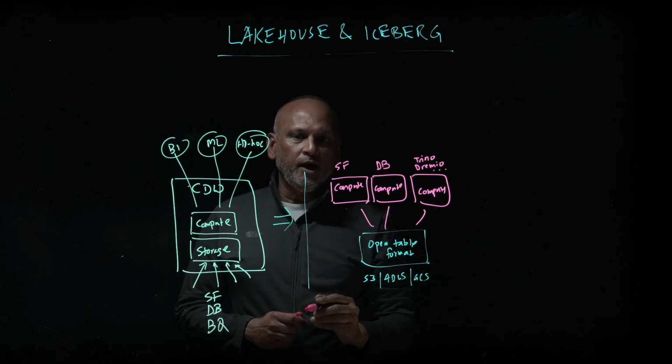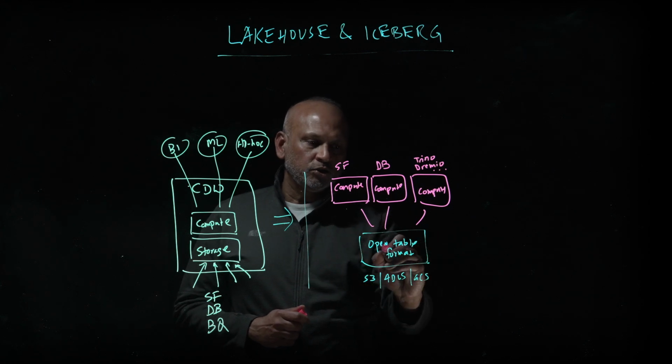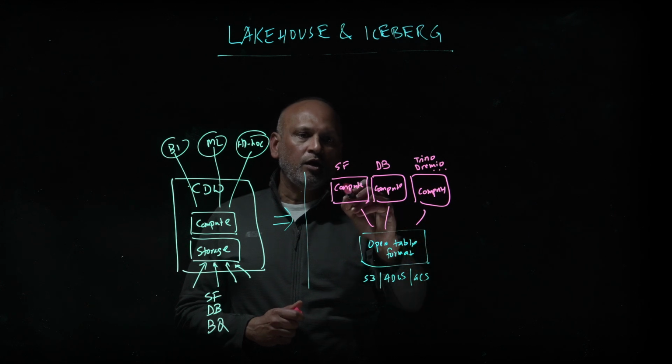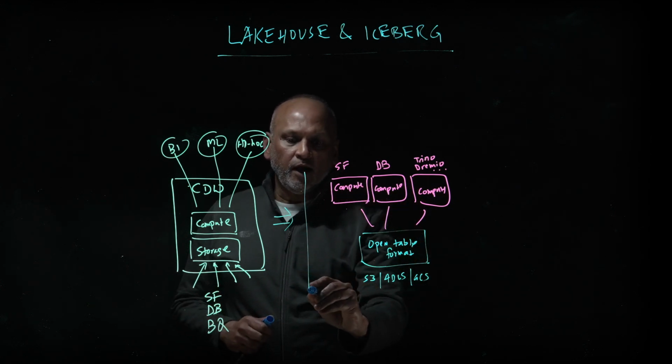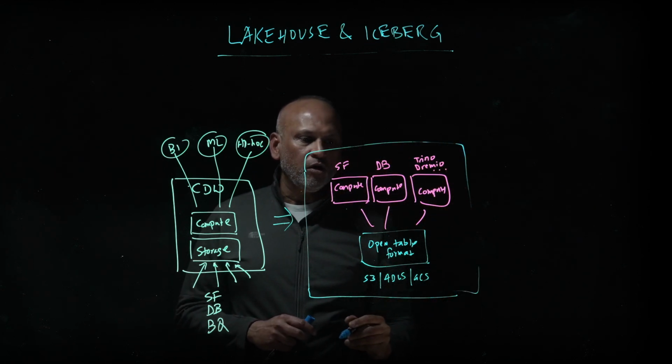So what a lakehouse allows you to do is separate your storage layer from the compute layer, unlocks it, and allows you to have a choice of compute, and eventually it reduces your overall cost.